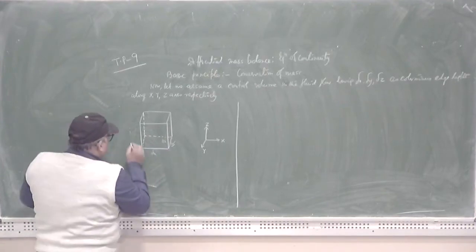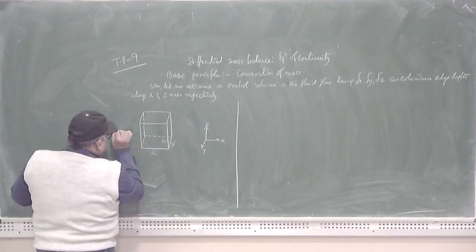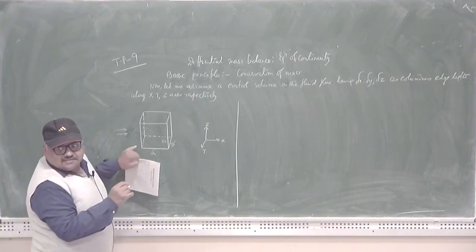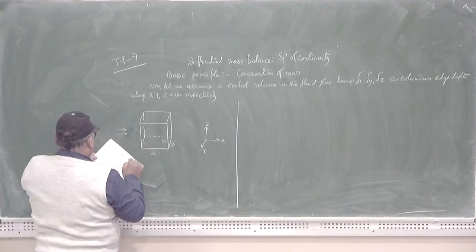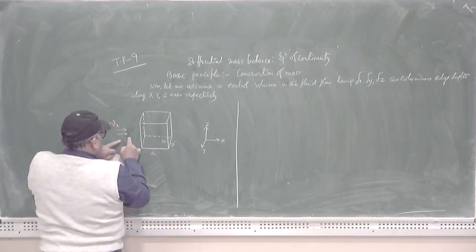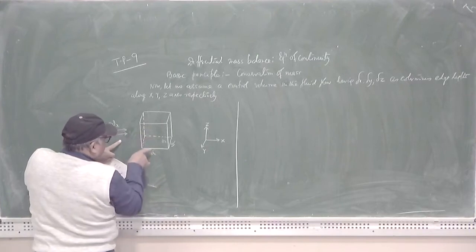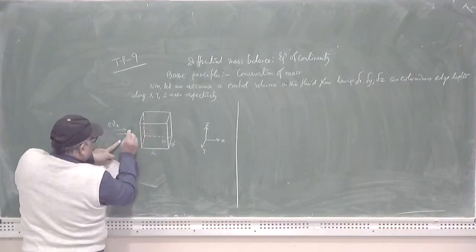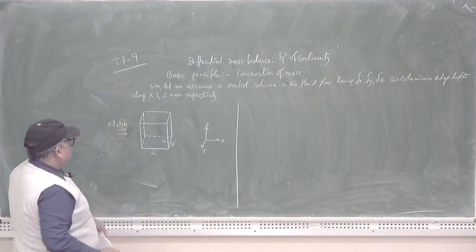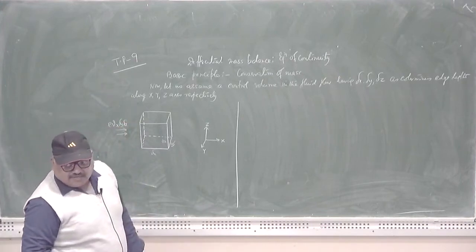So the quantity of mass entering in the x direction is rho Vx times the area perpendicular to the flow direction, that is the yz plane, so rho Vx delta y delta z.